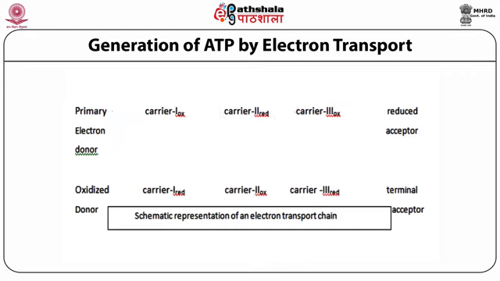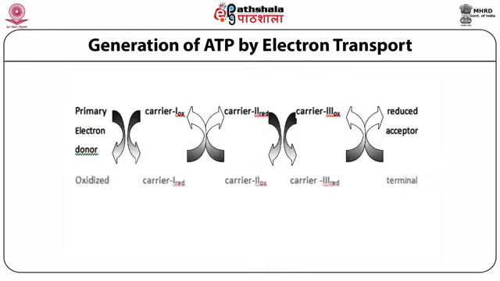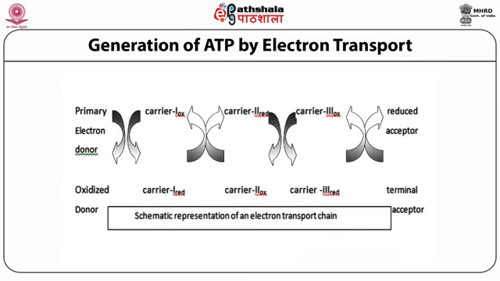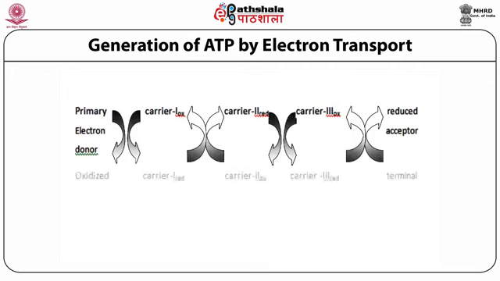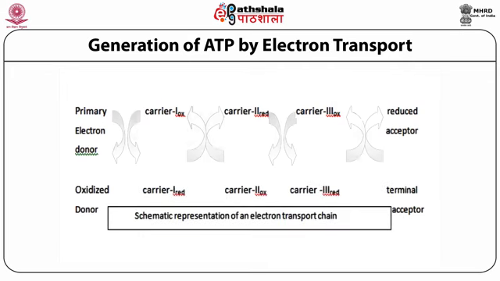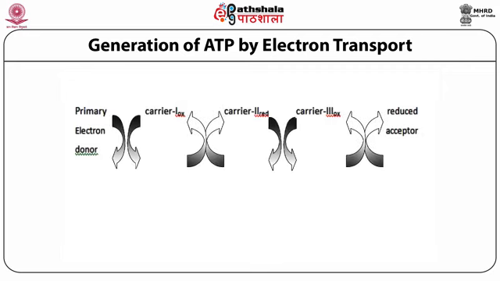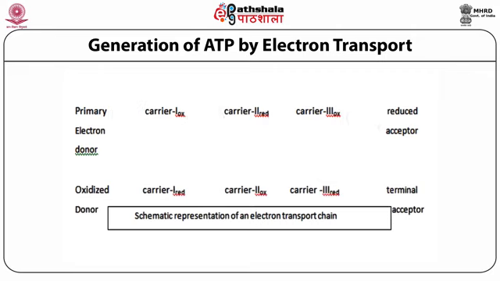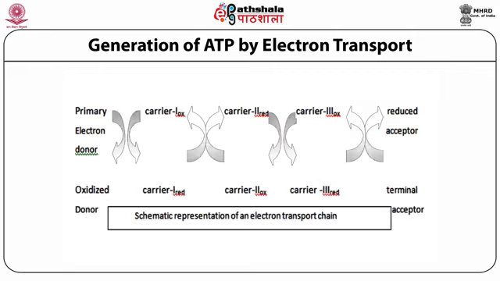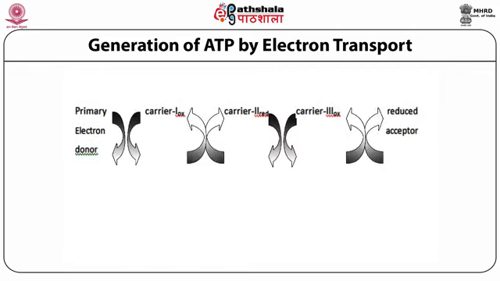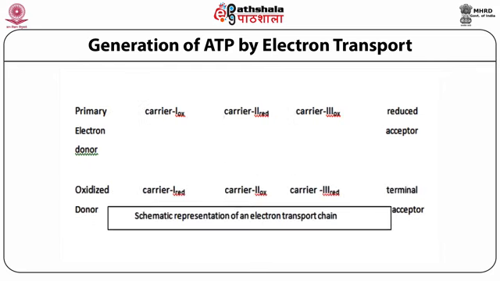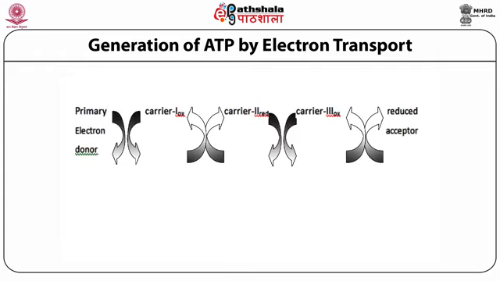BF1 probably has the subunit structure of alpha 3, beta 3, gamma, delta and epsilon. The alpha and beta subunits form the catalytically active portion of the structure, the site where ATP is synthesized from ADP and inorganic phosphate. The gamma, delta and epsilon subunits form a portion of a translocating stalk and a gate that brings protons to the active site at the proper rate, the portion that drives the reaction.